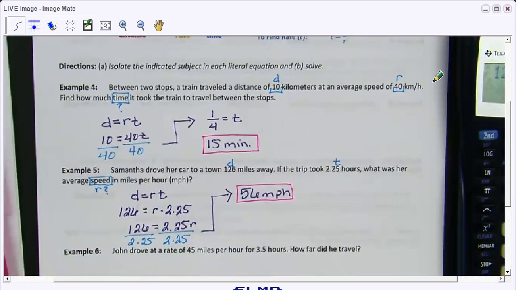I would like for you to annotate the next question, write down your formula, plug in your numbers, and then we're going to check to make sure you set it up correctly before we solve.